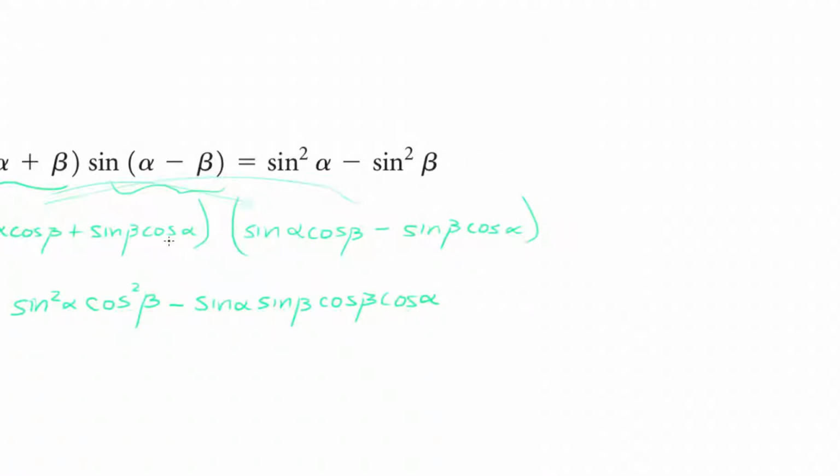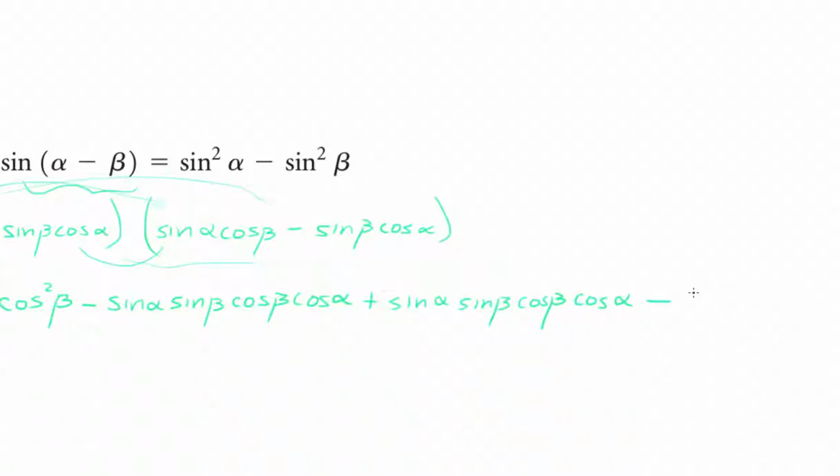And then the inner term is the same thing, but plus sine alpha, sine beta, cosine beta, cosine alpha. Then the last term is going to be minus sine squared beta cosine squared alpha.